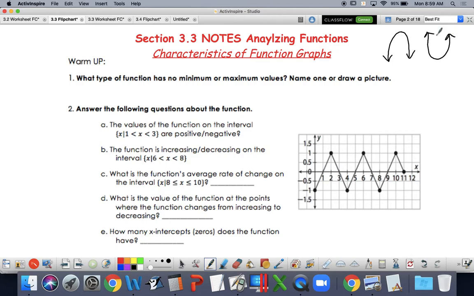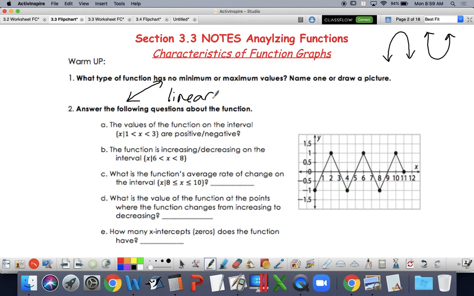Do those have a minimum or a maximum? Yeah, right? When it dips down, that's a minimum. When it goes up and then comes back down, that's a maximum. So the example function that we have studied in Unit 1, a linear equation, does not have a minimum or a maximum. It goes on and on forever in both directions. So you can't ever determine what its minimum or its maximum is.